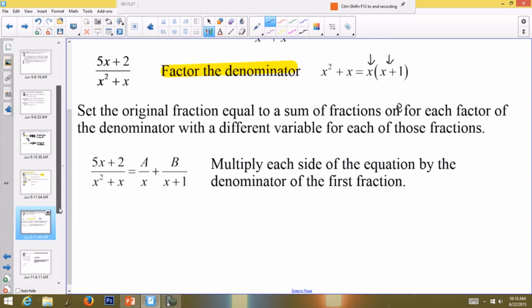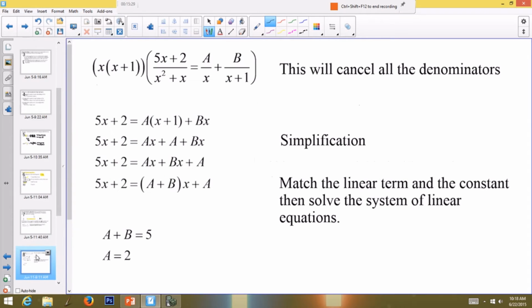So let's see, do I go and do that on the next page? Yes, I do. All right, so here's what I'm going to do. I'm going to multiply both sides by x times x plus 1, or you could say x squared plus x.